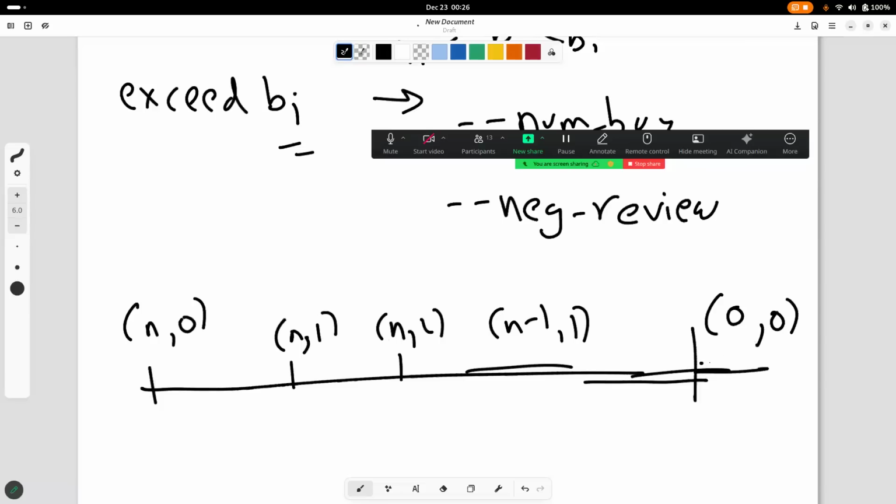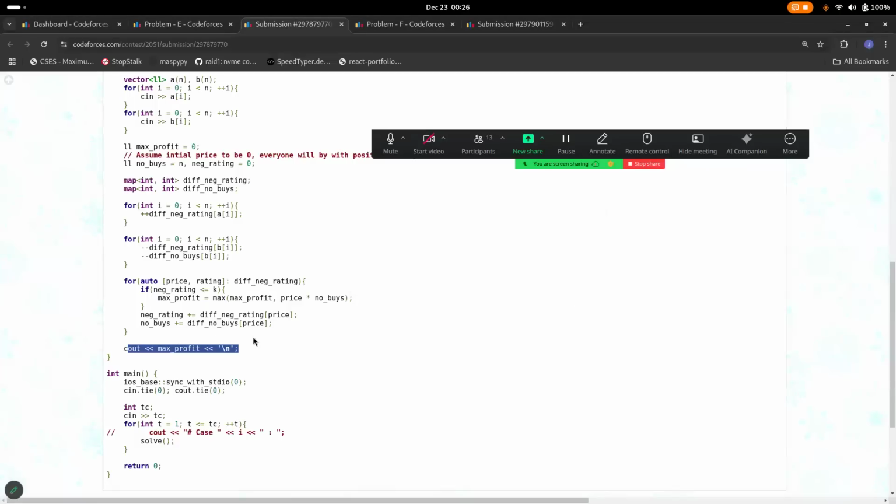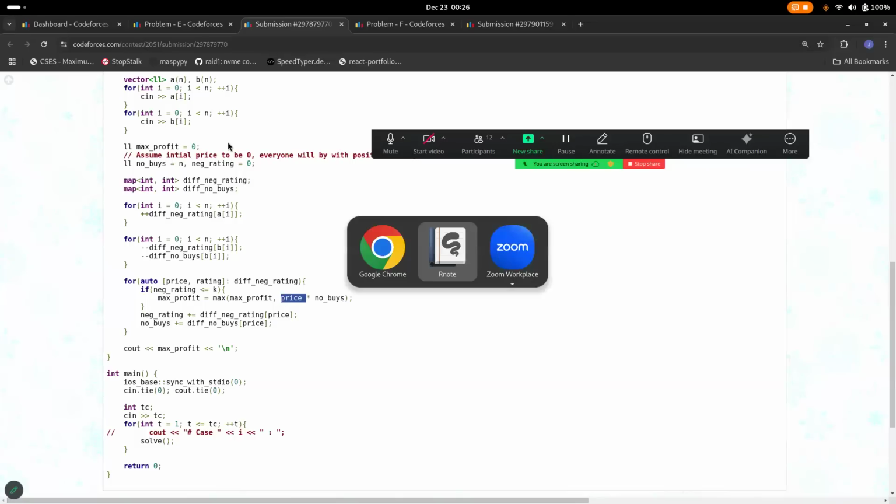So that would be the end of the whole loop. So you are basically iterating over all the possible pairs of number of buyers and negative ratings. And on the basis of that, we are just seeing the maximum price at which each of these pairs occurs and calculating the sales for that pair.